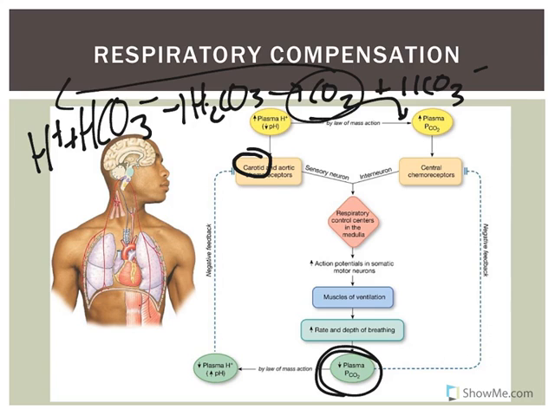If you've got metabolic alkalosis, the respiratory compensation is going to be a decrease in ventilation. So respiratory compensation only applies with metabolic acid-base disorders. Respiratory compensation cannot occur for acid-base disorders where the primary defect is respiration.